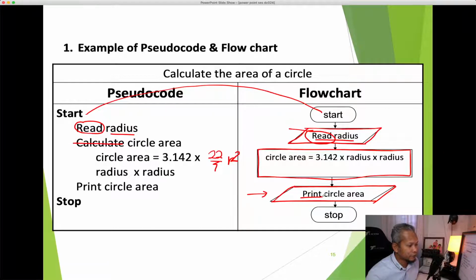So you need to write either an input or output verb, and then stop. That is the same stop. That is very easy, converting pseudocode to flowchart.